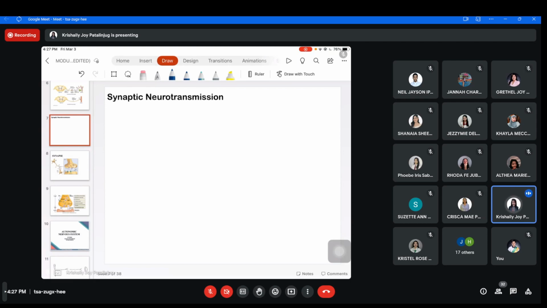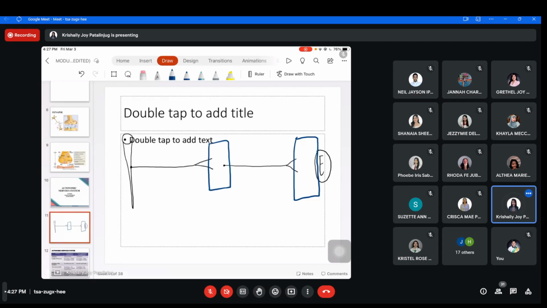Even if there are gaps or spaces in between in the two-neuron setup of the ANS, since we have certain events or processes involved in the synapses, the impulse coming from the brain can still be transmitted up until the effector organs.